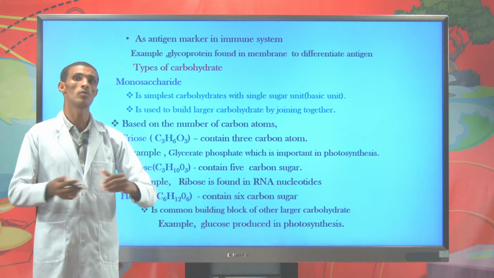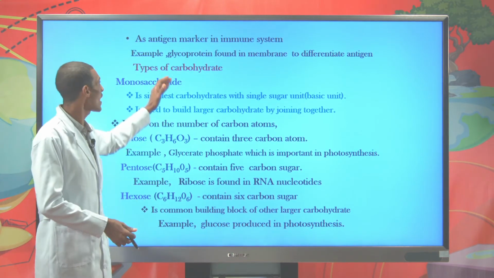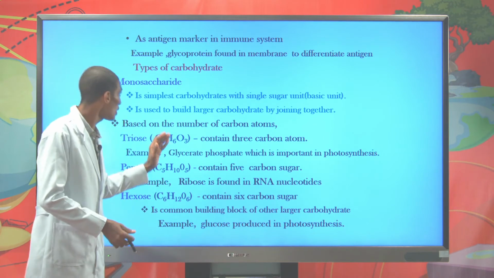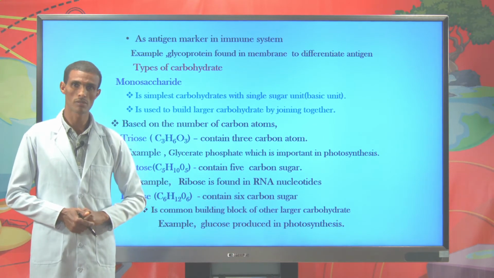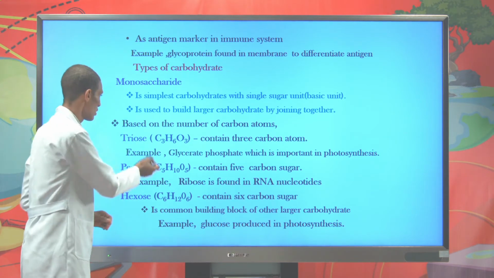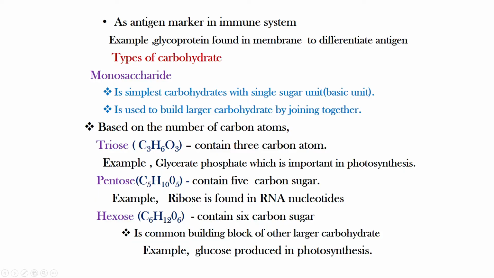Based on their carbon content, we can classify monosaccharides into 3 main types. One is triose, a carbohydrate containing 3 carbons, with the formula C3H6O3. Another is pentose, containing 5 carbons, the most important carbohydrate found in nucleotides.